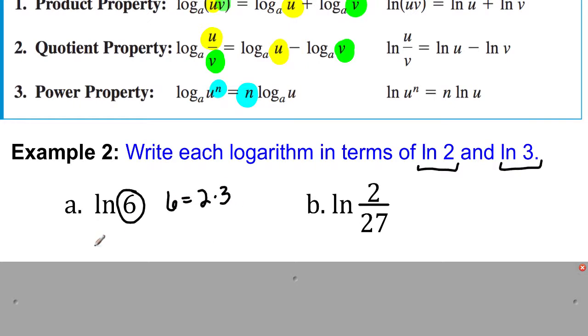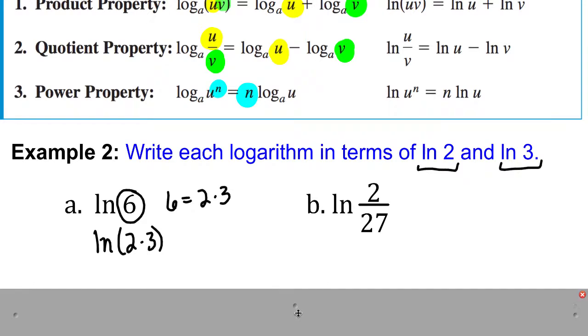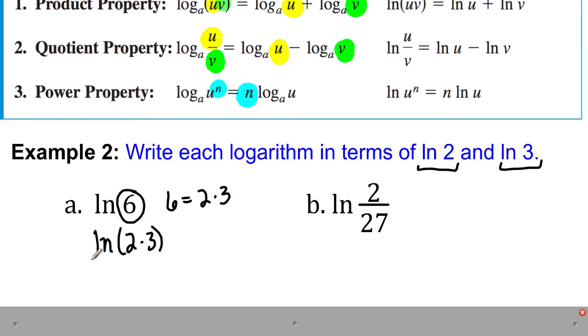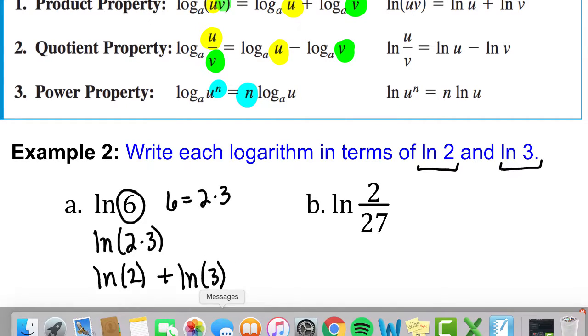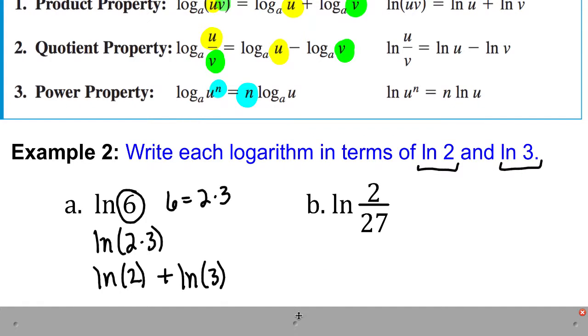So I can rewrite this logarithm as the natural log of 2 times 3. Once it's written as a product of two numbers, I can go ahead and expand that using the product property into addition as the natural log of 2 plus the natural log of 3. So that's the first example, part A of example 2.